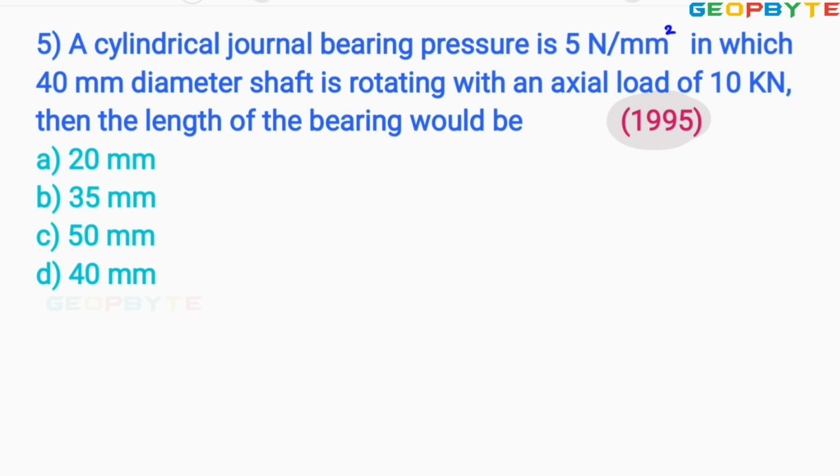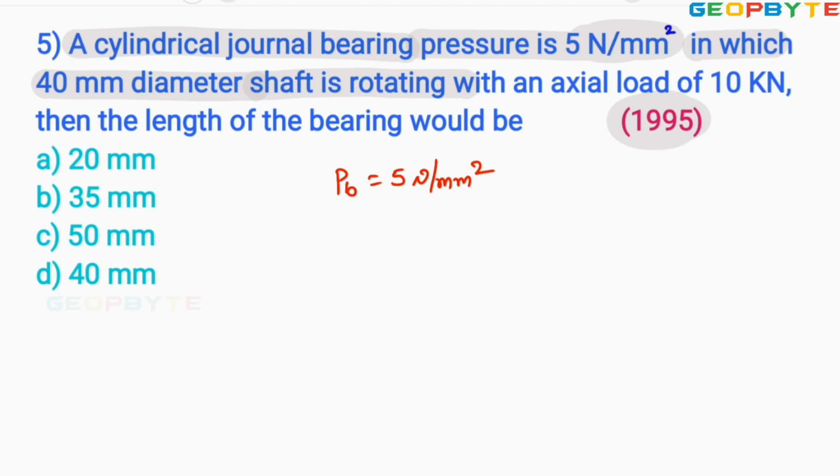It is given like this. A cylindrical journal bearing pressure is 5 Newton per mm square. The bearing pressure Pb equals 5 Newton per mm square, in which a 40 mm diameter shaft is rotating.